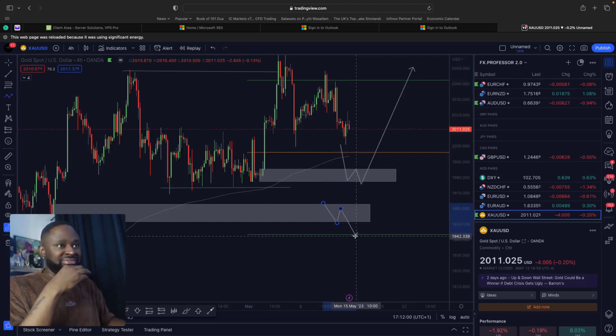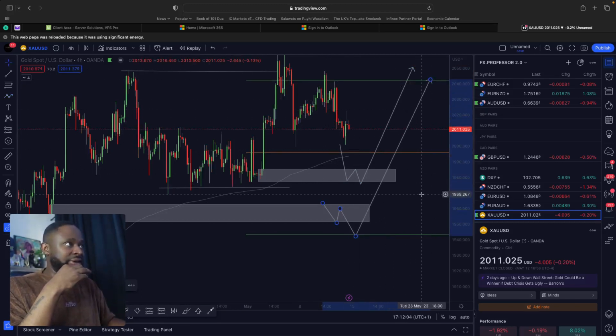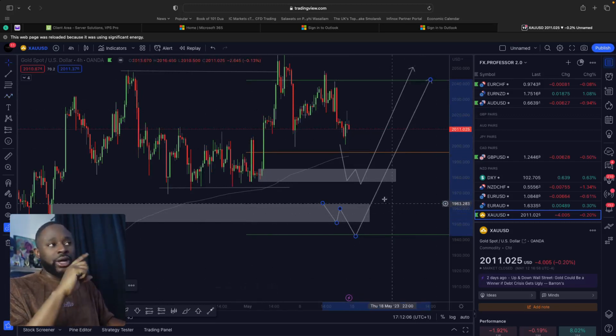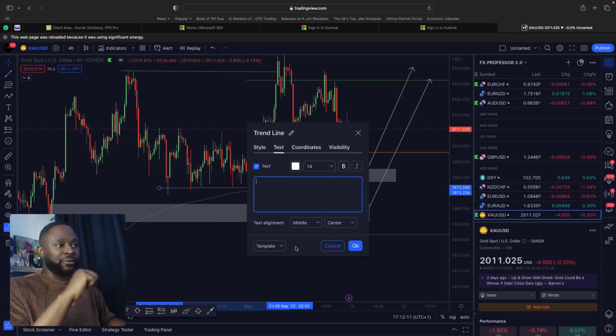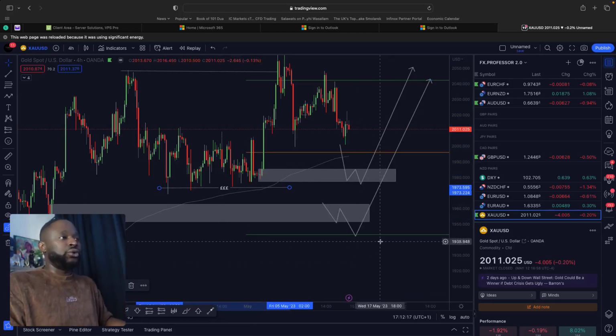Maybe they'll come to this pivot, then to the upside. So we have 2 points of interest. We have this one and the extreme. But like I said, I would prefer the extreme level. I always prefer to use extreme.